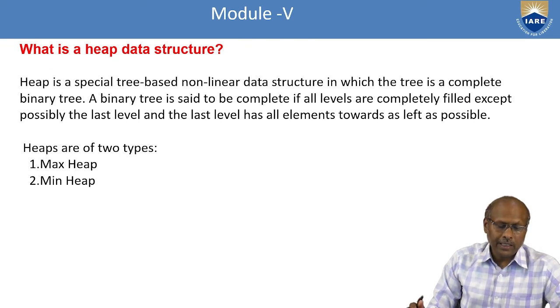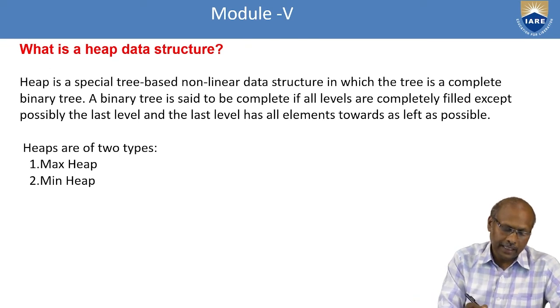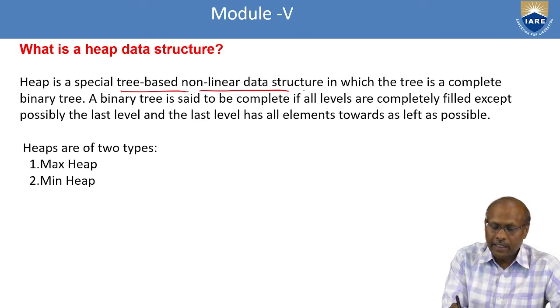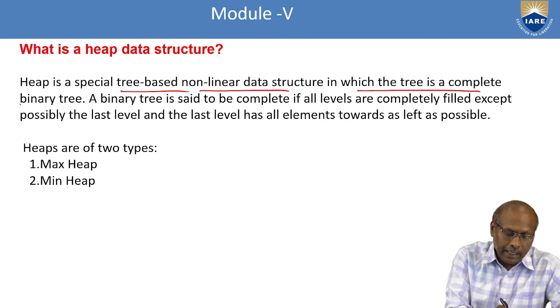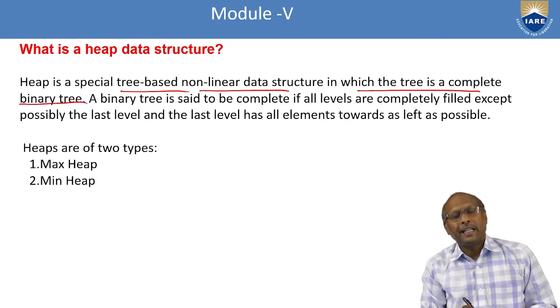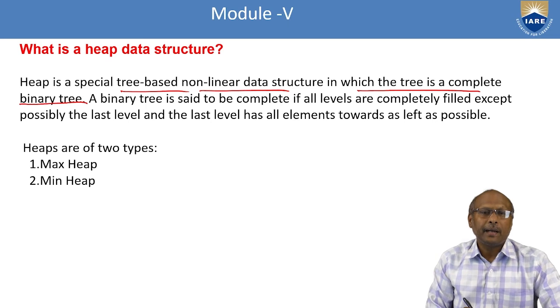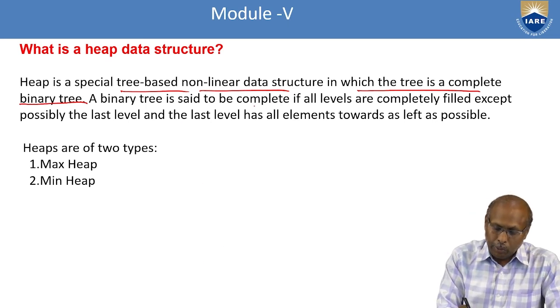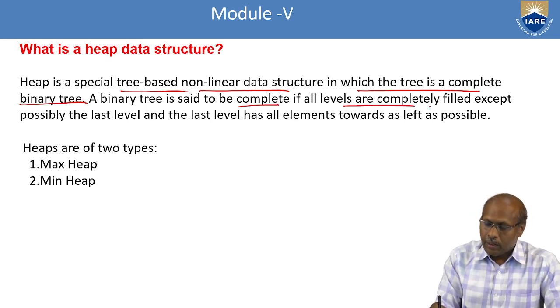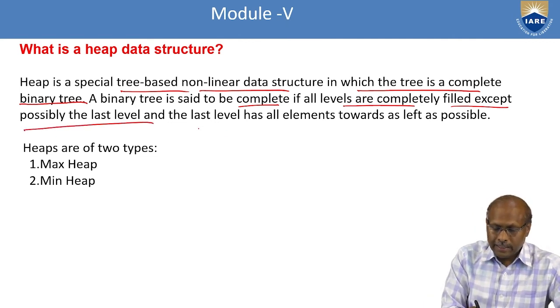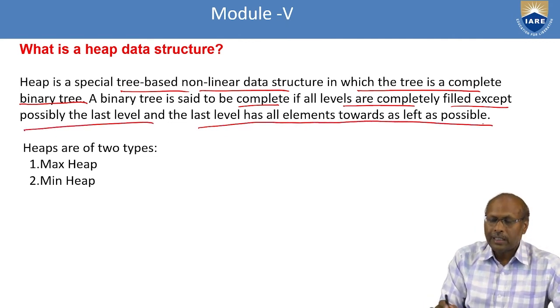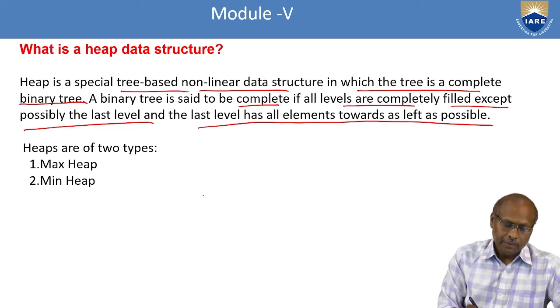Then they may ask, what is a heap data structure? A heap is a special type of tree-based nonlinear data structure, which is a complete binary tree. A binary tree is said to be complete if all the levels are completely filled except possibly the last level, and the last level has all elements as far left as possible.